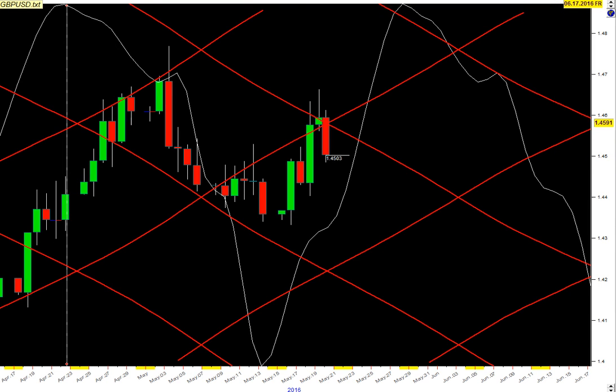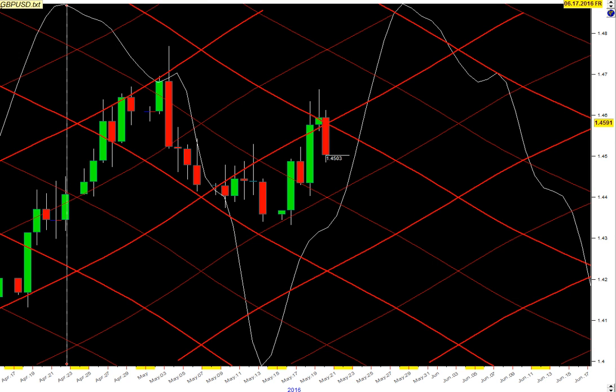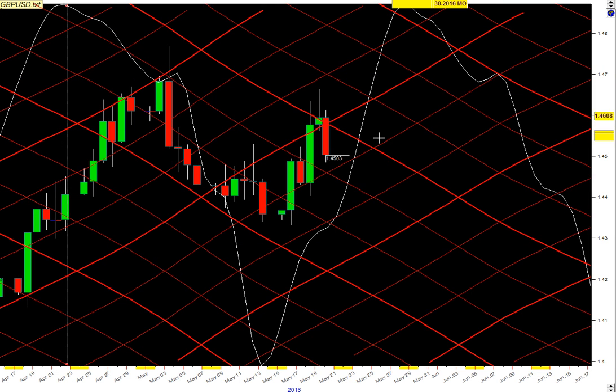So for the forecast for the pound dollar, one possibility is that it's going to invert and go against the planetary projection line and maybe make a pivot low the 28th-ish or June 6th-ish, around there. Price level wise, I can't tell you because I haven't done any calculations to determine how low it could go.